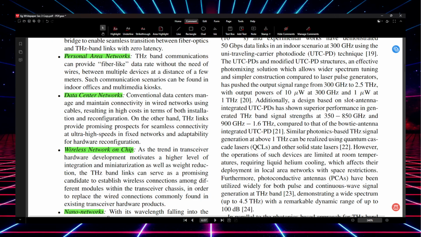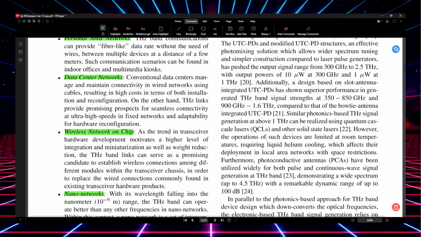Similar photonics-based terahertz signal generation at above 1 terahertz can be realized using quantum cascade lasers and other solid-state lasers. However, the operations of such devices are limited at room temperatures, requiring liquid helium cooling, which affects their deployment in local area networks with space restrictions.